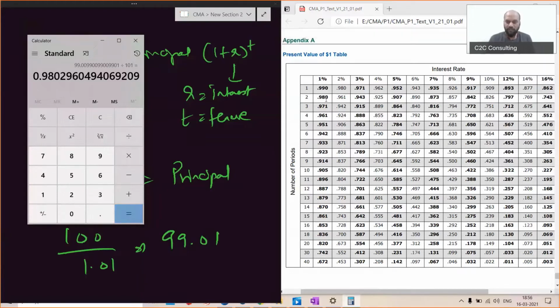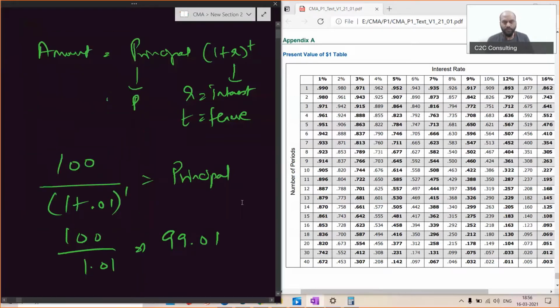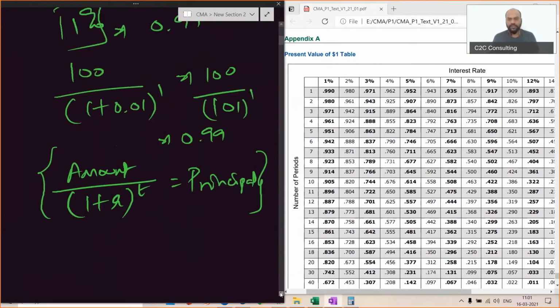For the third year, you can just multiply on your calculator by 100 divided by 1.01, giving 0.705, 0.71 rounded upwards. So the present value factor is nothing different from what you have learned in your schooling days. Amount divided by 1 plus R to the power of T will give you the principal that you need to invest today.